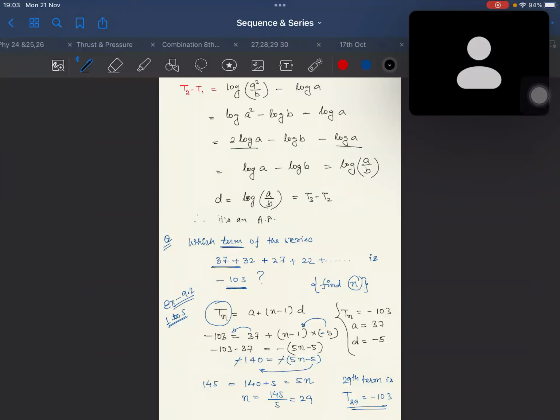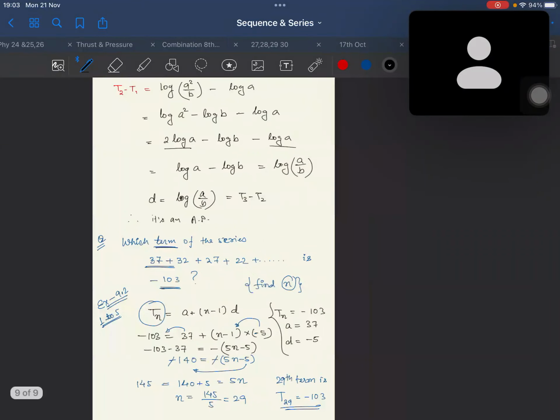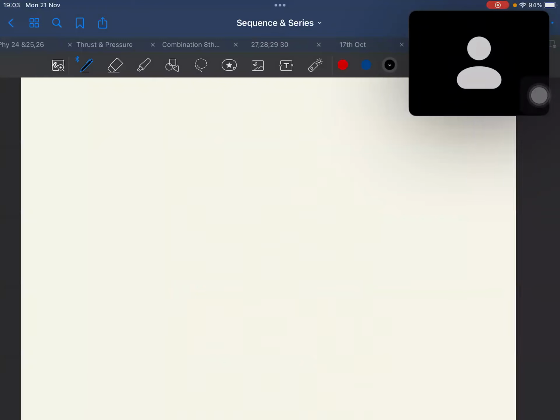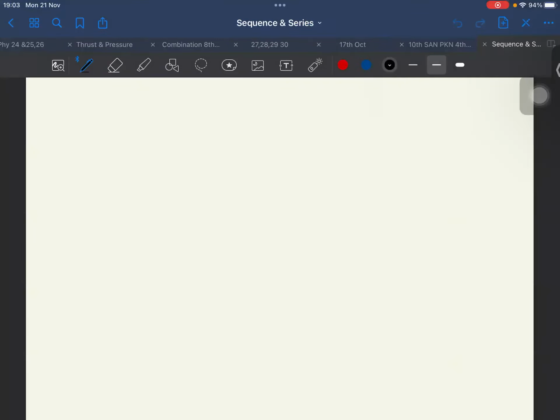So how many of you solved the problem I gave in the previous class? How many of you tried? You are able to see the screen? Yeah. Okay. So we were doing geometric progression, right?